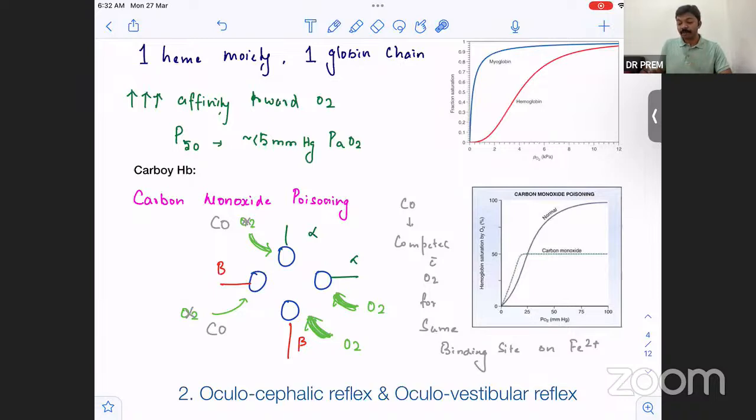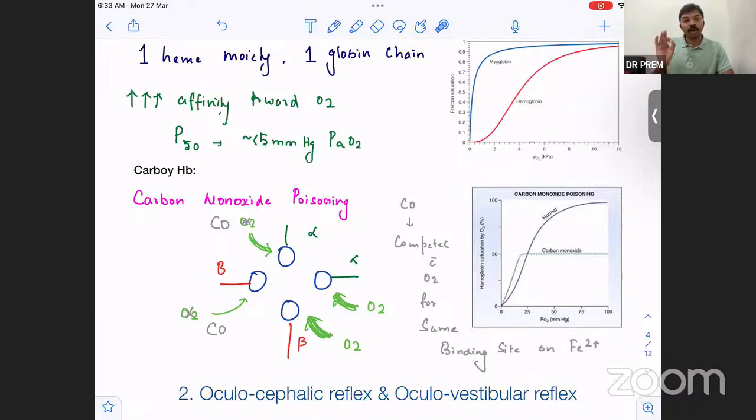So what happens to the oxygen hemoglobin dissociation curve? It's going to be shifted to the left because the affinity of the last two chains for oxygen is increased. Please remember, you are looking at the oxygen hemoglobin dissociation curve in carbon monoxide poisoning. You are not looking at a carbon monoxide hemoglobin dissociation curve.